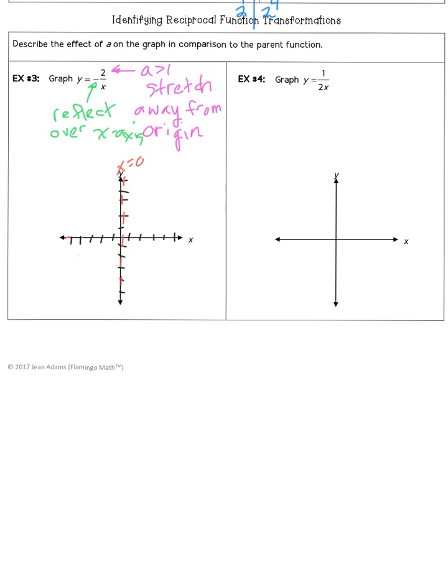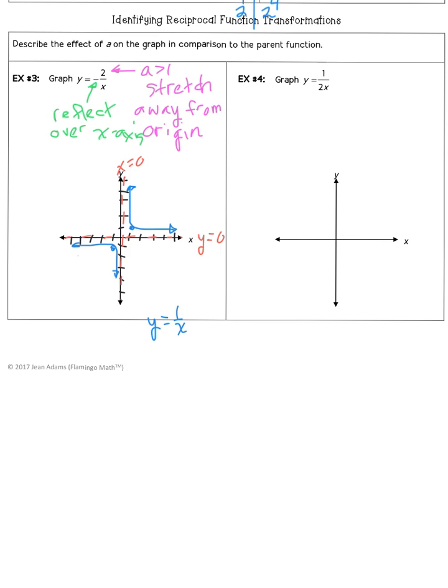They are part of your graph. They help give you the shape to your branches. And then I know from my parent function, so I'm going to put my parent function y equals 1 over x in blue. So I know I have 1, 1 and negative 1, negative 1. Those are my main points.